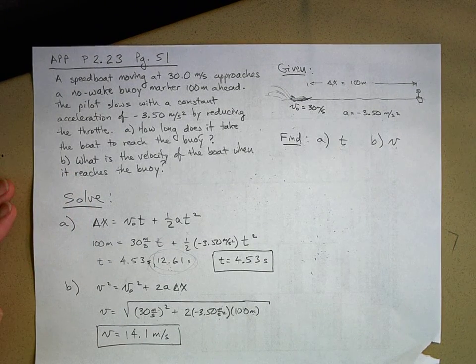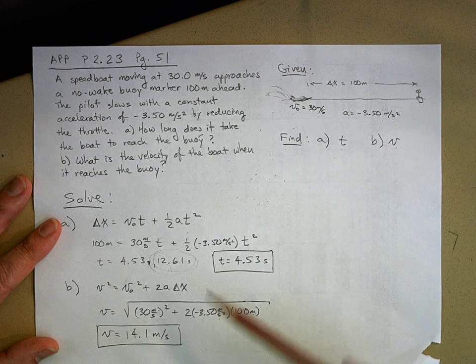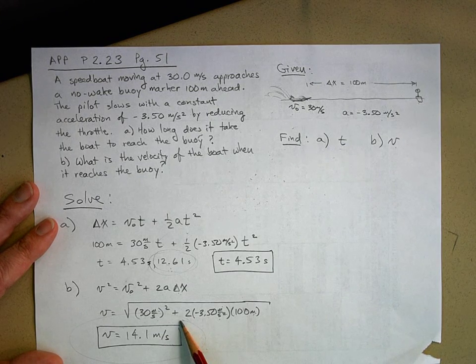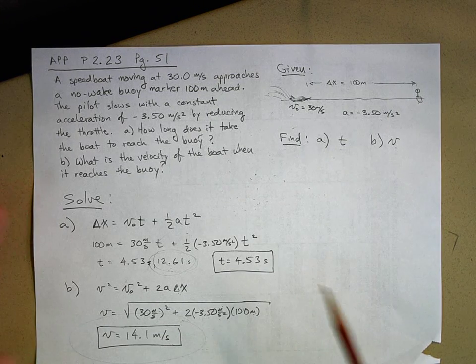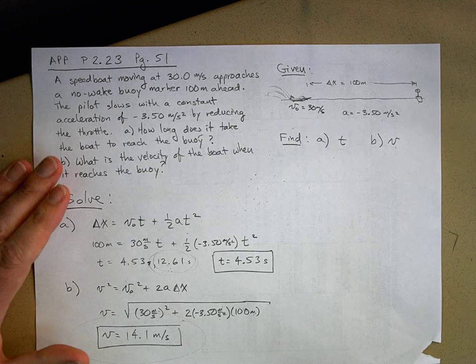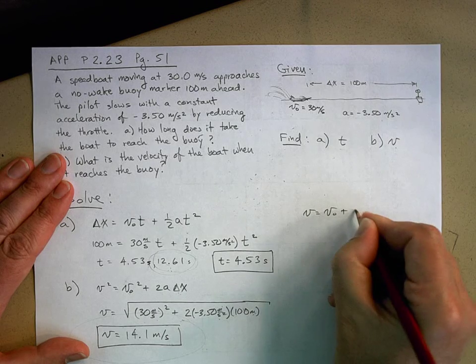And that makes sense. Now, of course, if you don't want to use the quadratic formula, you could have done part B first and then plugged it into the first kinematic equation to solve for time. Let's try that. So v equals v naught plus at.